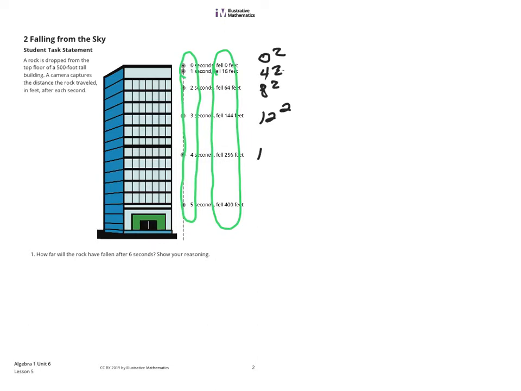What do we say that was? 16 squared, 20 squared. So at 6 seconds, what do you think our squared is going to be? I think it's going to be 24 squared because we're increasing that base number by 4. So it would be 20 plus 4, which is 24 squared, which is equal, that one I certainly don't have memorized either, 576.